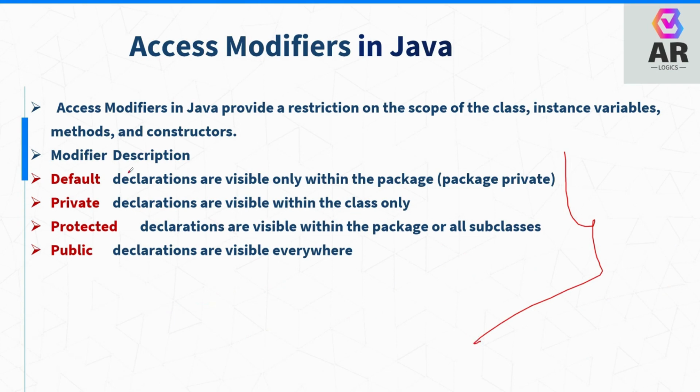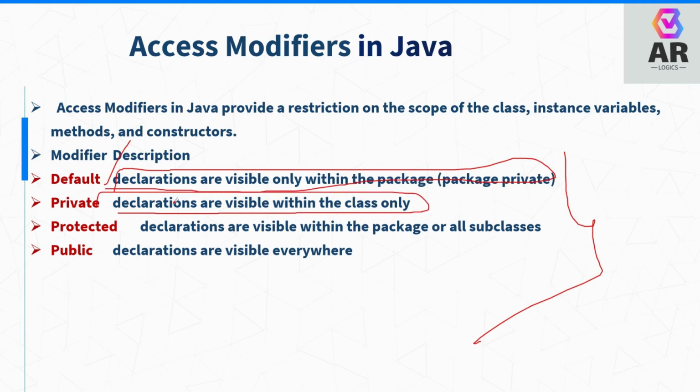So what types of restriction are we going to give? One is default: declarations are visible only within the package. Private means declarations are visible only within the class.